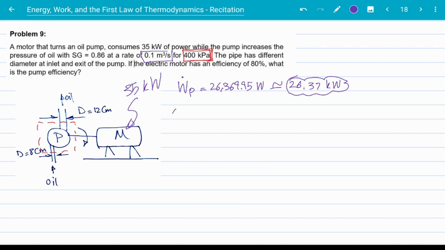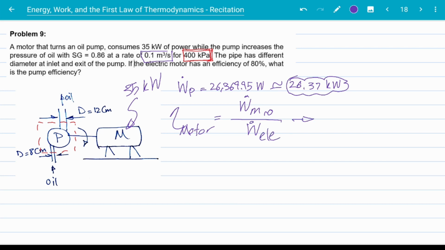So the efficiency of the motor is the power output of the motor over the electric power it consumes, right?